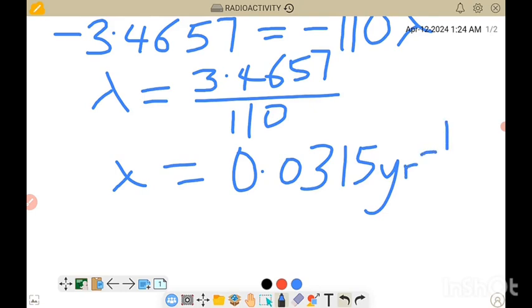That's the unit here, because the time given is in years, so this will be per year.